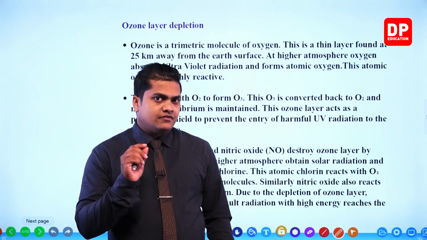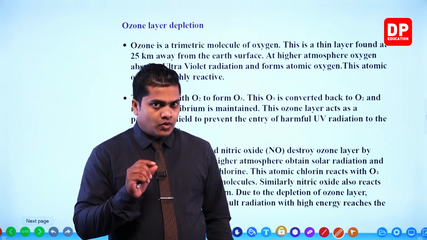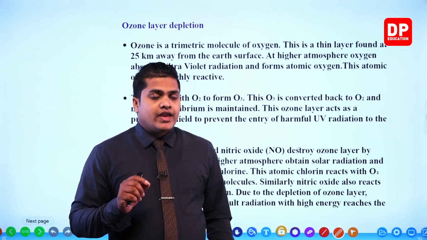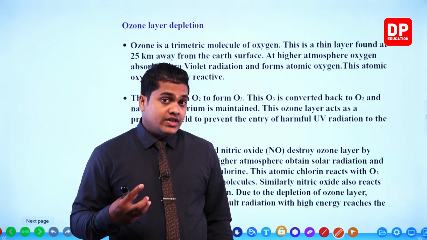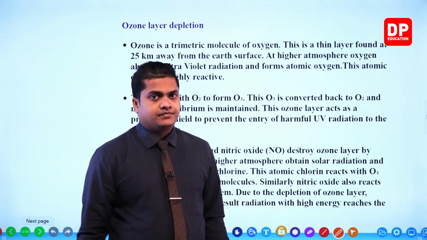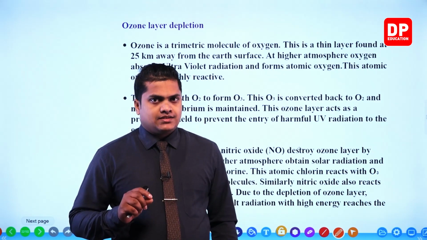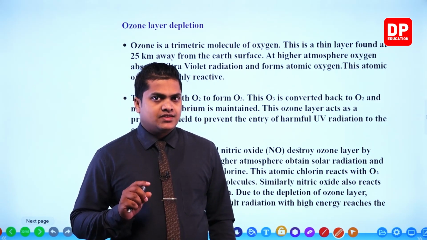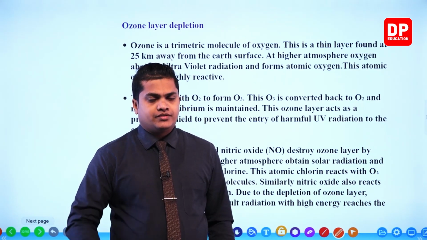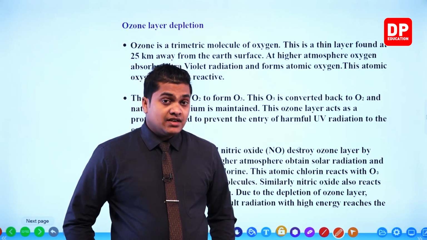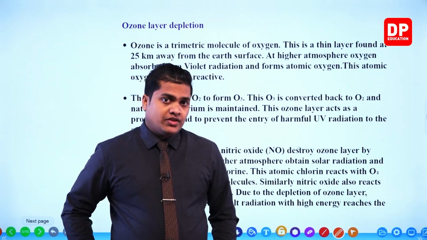Here within the first and second points given, the way of creation of the ozone layer is given. So ozone is a trimetric gas. Trimetric gas means it contains 3 atoms of oxygen, not 2 but 3.